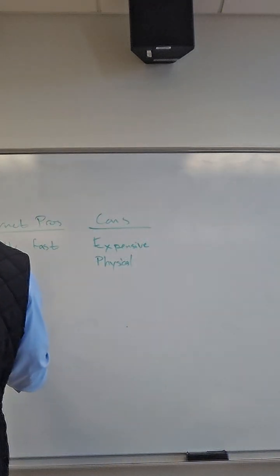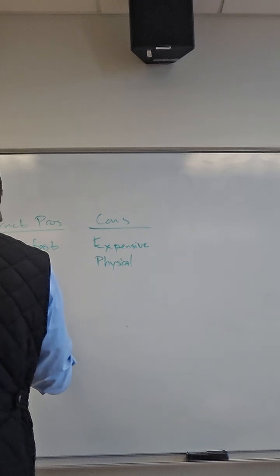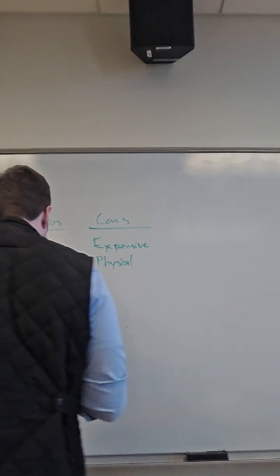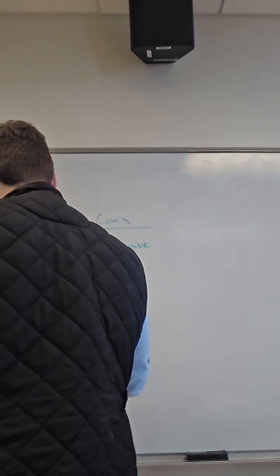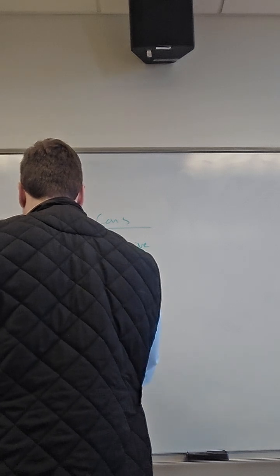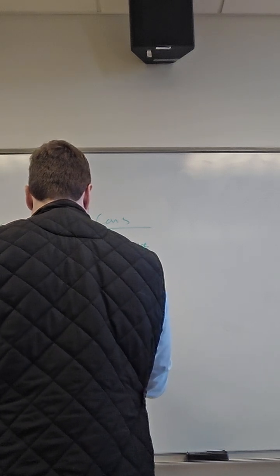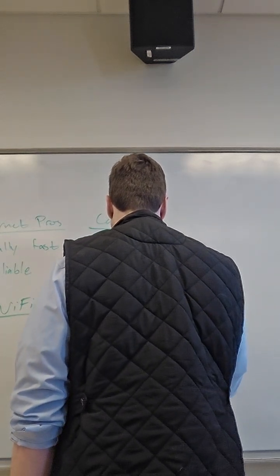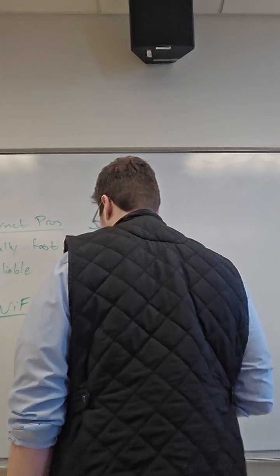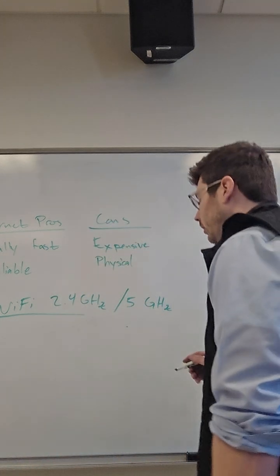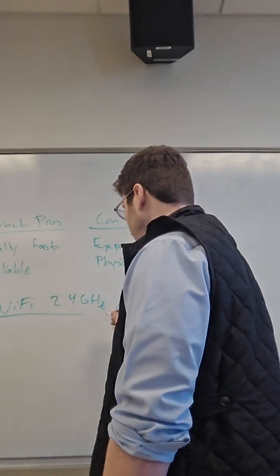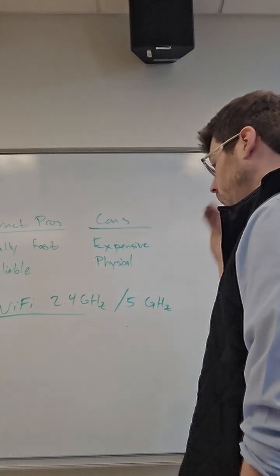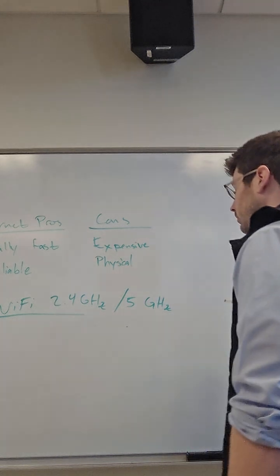Okay, Wi-Fi. Something you guys need to know about Wi-Fi is that it's a 2.4 gigahertz frequency. Well, actually, it's either 2.4 or 5, but I'm going to tell you something interesting about that too. Okay, 2.4 gigahertz is quite a high frequency.